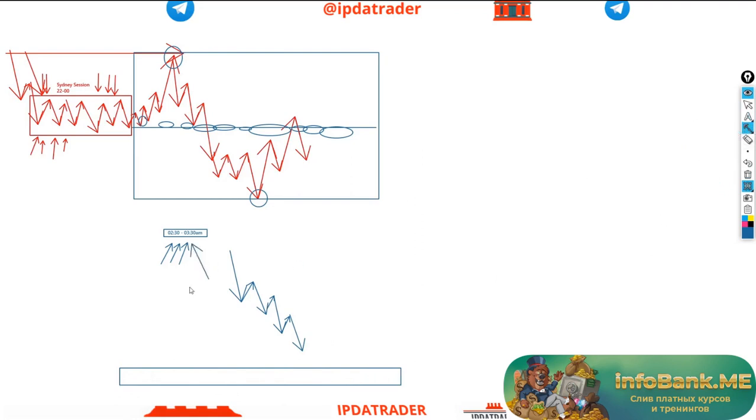You know that this POI mitigation right here can probably be the Asia low to then continue up. And this is a key, something I've been using for a very long time, which has made me tons of profits, right? This is where you have time and structure and liquidity, everything lining up. And this is where you get those great trades.